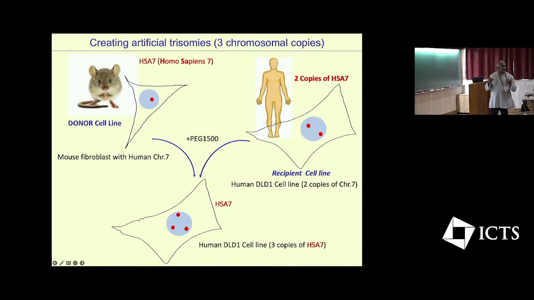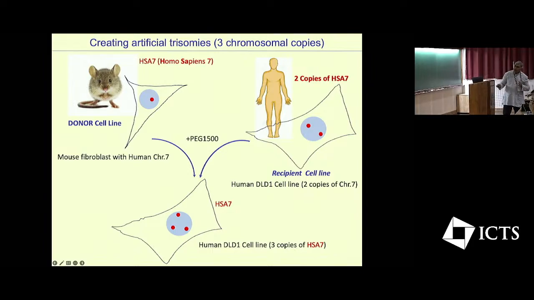And the reason is because it's very well known to this audience that cancer cells come with a whole plethora of different kinds of chromosomal aberrations and changes which are too hard to track. So this kind of a system gave us a handle to ask, what happens if you have one single copy of human chromosome 7 devoid of other chromosomal aberrations?